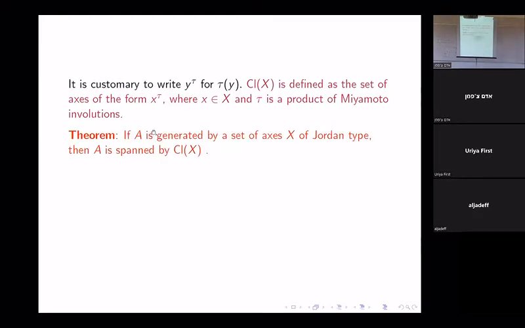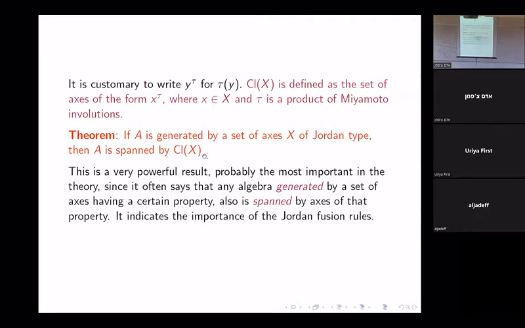And there's a very important theorem that if A is generated by a set of axes of Jordan type, then A is spanned by the image of all the axes under these involutions. Let me just say that y to the tau is an axis if y is an axis. So you take all of them, and then they span A.